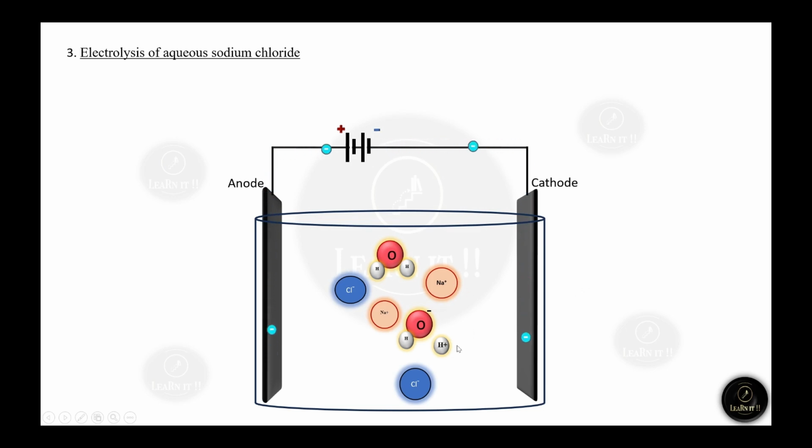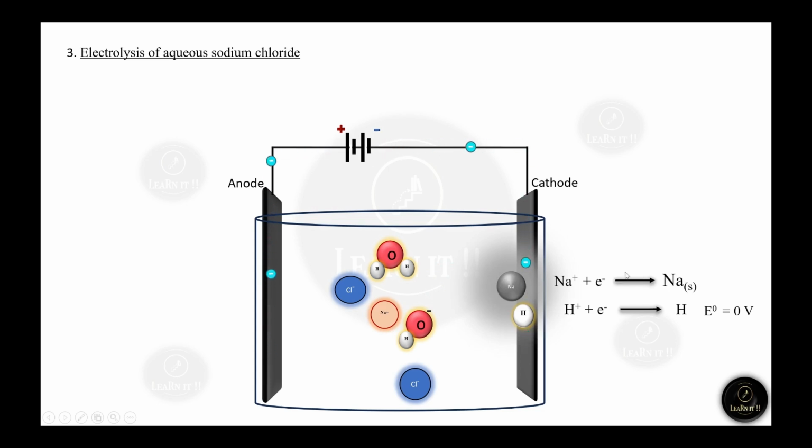First one is H+ ion. H+ ion may get reduced into hydrogen atom. Here E naught value is 0 volt. With respect to sodium, the E naught value is minus 2.71. This E naught represents the standard reduction potential.